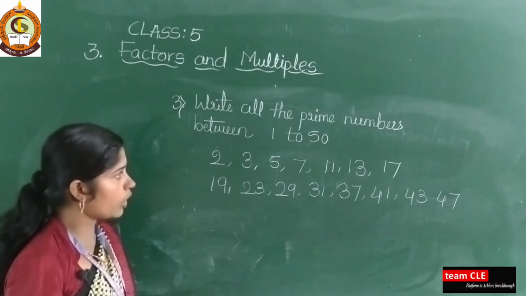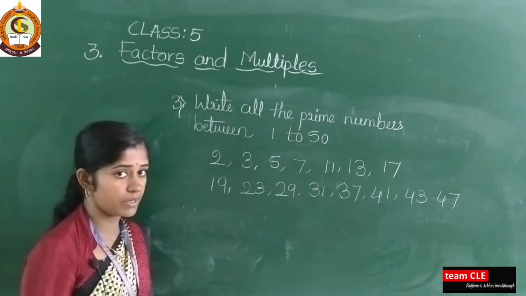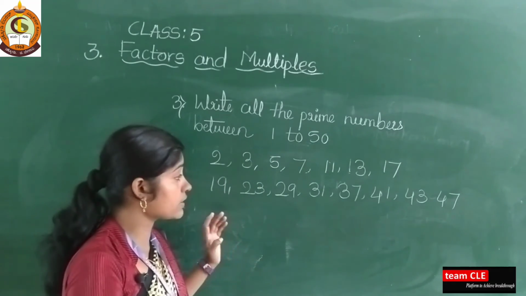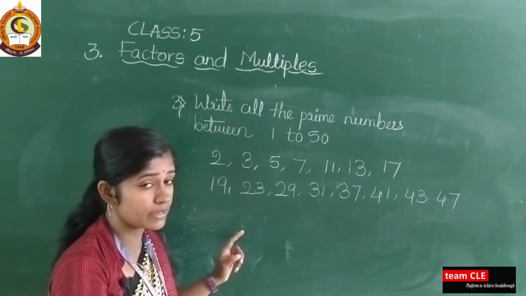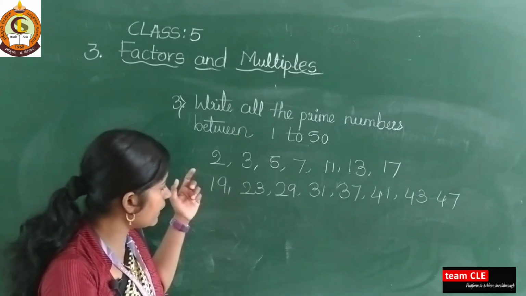So these are all prime numbers, and just check whether these numbers are there in any tables other than 1's table and the given number's table.